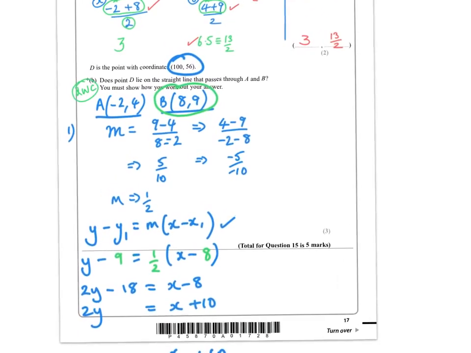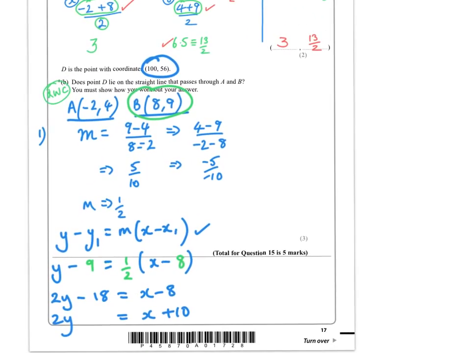So one other way is, you know that if A was -2, 4, and B was 8, 9, then you've got the gradient. So we'll stick with this gradient being a half. That's important.